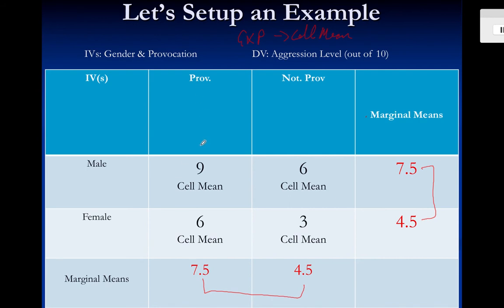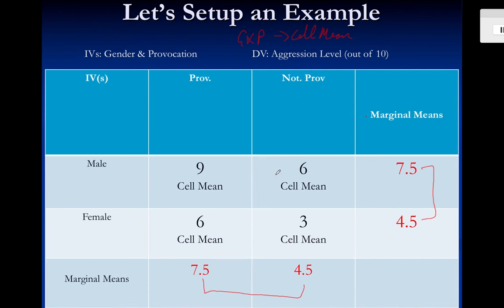Because if you notice now, these numbers here represent the combinations of independent variables. This value of a 9 represents the combination of the gender and provocation variable, so males who are provoked. This one here represents males who are not provoked, females who are provoked, and females who are not provoked.